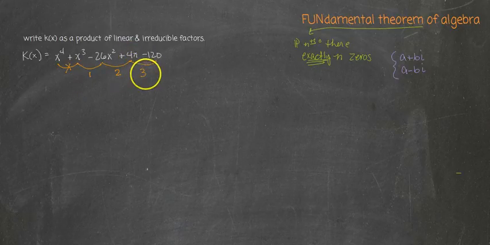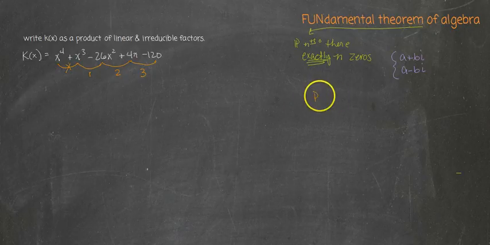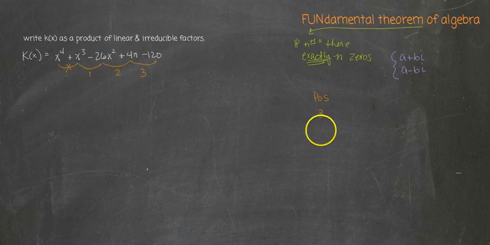So this gives me three possible positive solutions. So using the rule, I could have three positive zeros, or less than that by some even number. So 3, the only even number less than 3 is 2. So I could have 3 or 1 positive zeros.